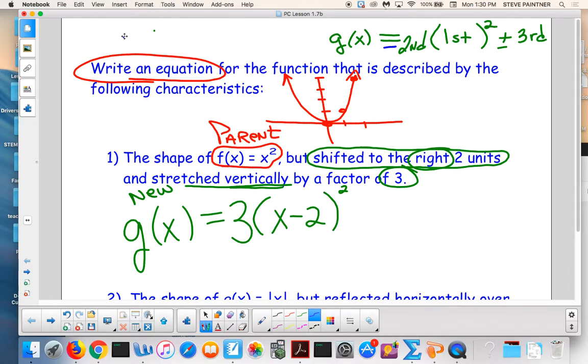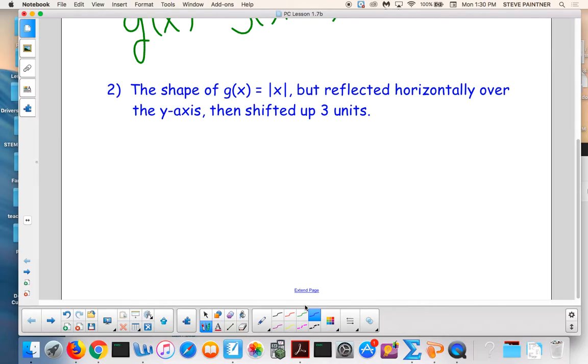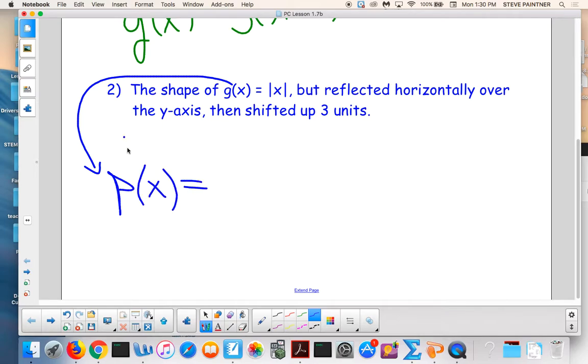Next one, right here, number 2. Put something on paper, let's see what you write. No, here they use G. I'll call my new function P. You can call it whatever you want.